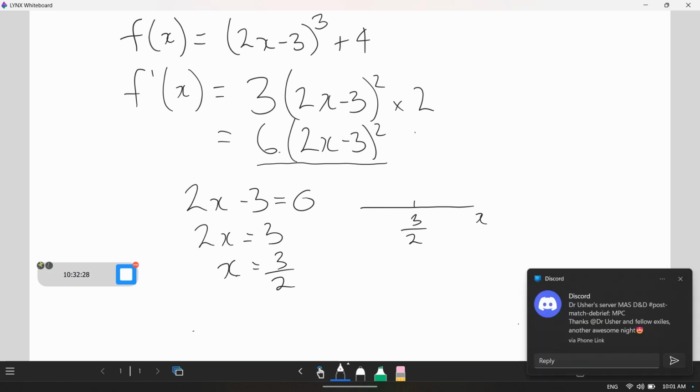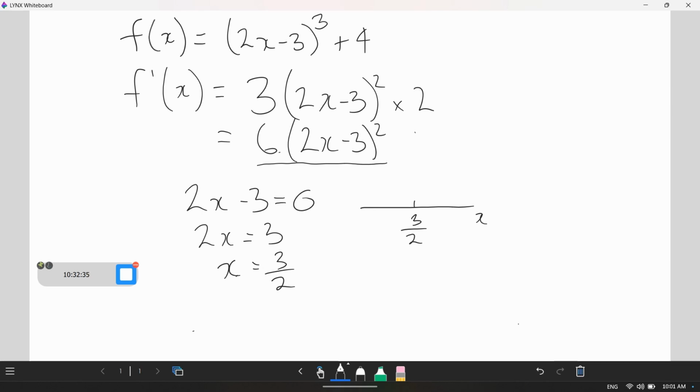So regardless of whether x is a negative number or a positive number, it will be squared afterwards, therefore resulting in 6 times a positive number. So for values less than 3 on 2, our corresponding y values would be positive, and also for values greater than 3 on 2, they would also be positive. So our sign diagram would be plus plus. So in this case, we have an example of a stationary inflection point.